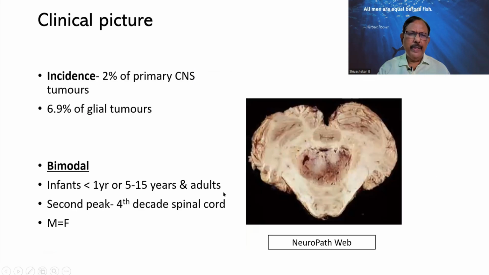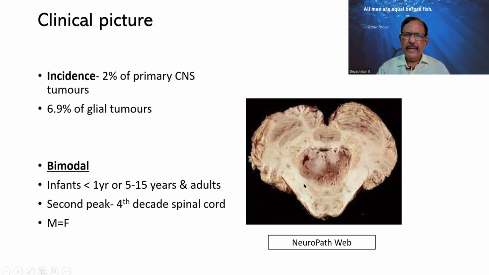Now, what is the clinical picture? The incidence is, it forms about 2% of the CNS tumors and 6.9%, nearly 7% of glial tumors. And look at this, thanks to Neuropath Web, it is a cross-section of the brain, and I'm able to see the ventricle, which is almost completely filled with the tumor.